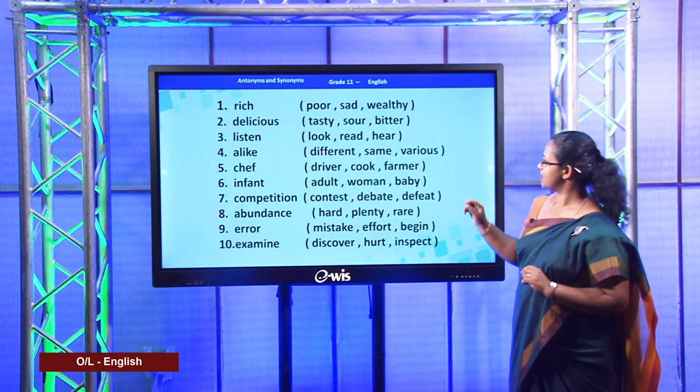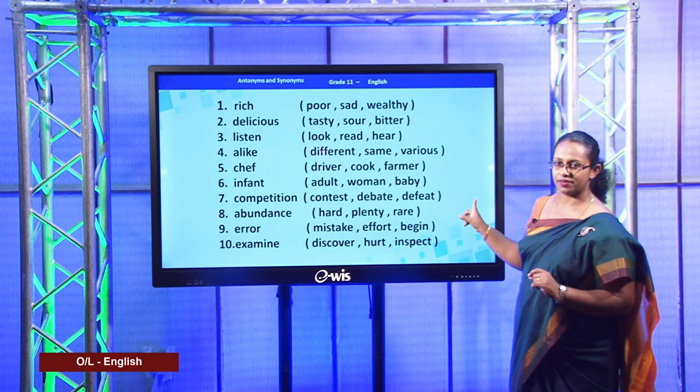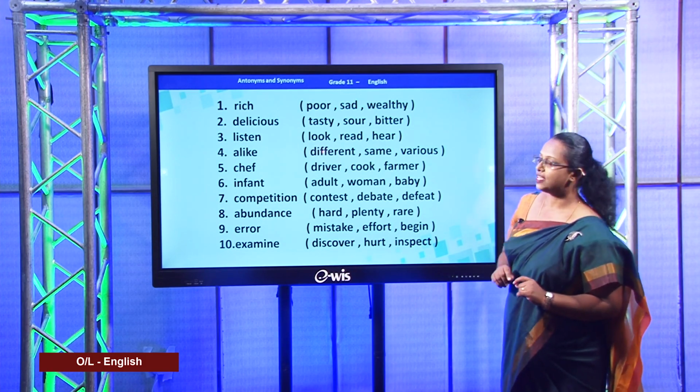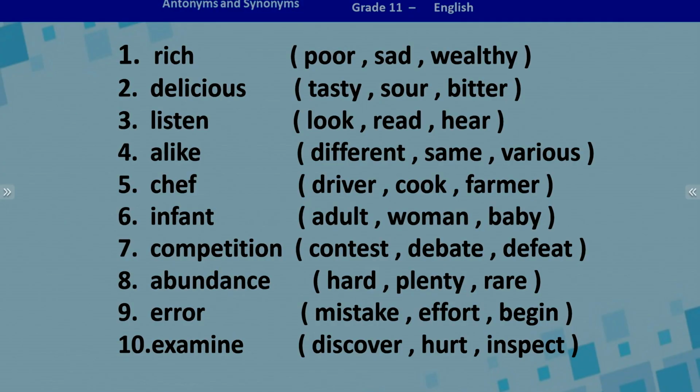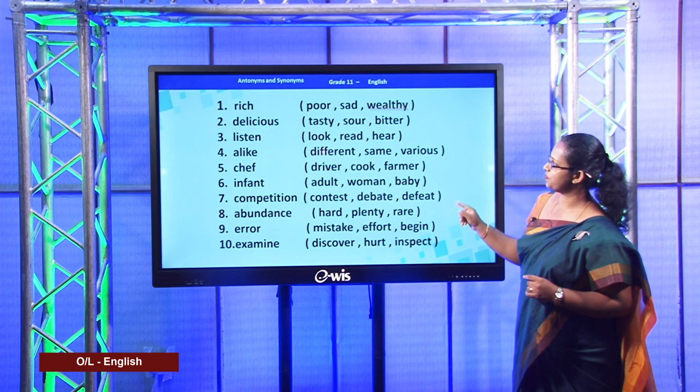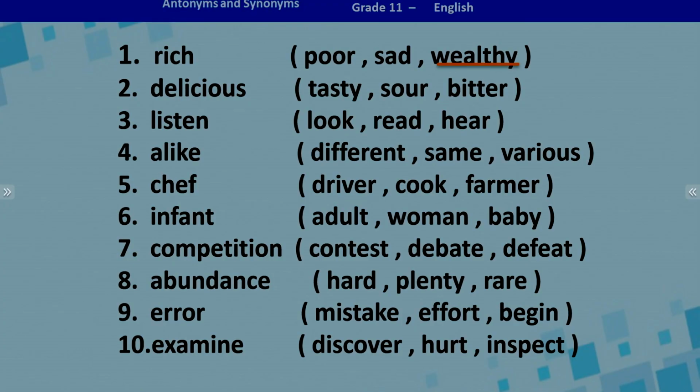Okay, children, now I am going to check the answers with you. I am going to do the first one. The first word is rich. Do you know what rich is? Exactly. Does it match with sad? Poor? No. Rich, wealthy. Okay.